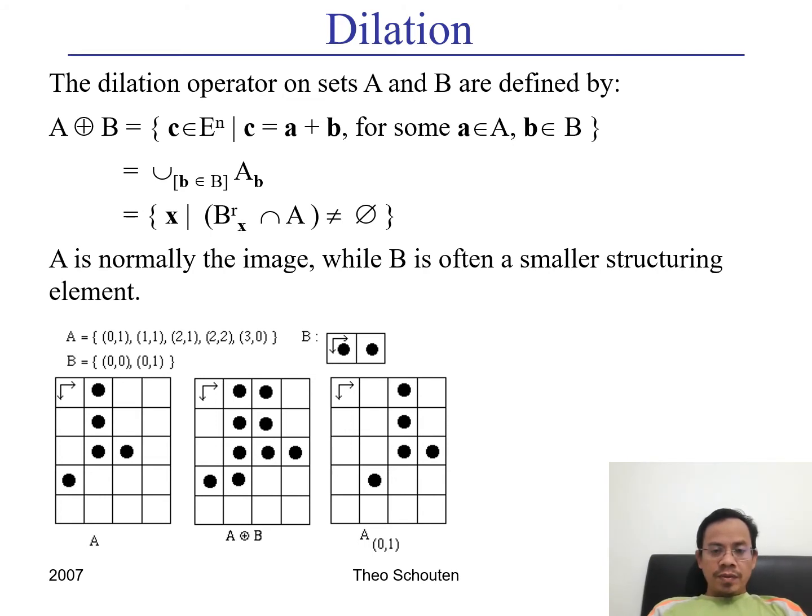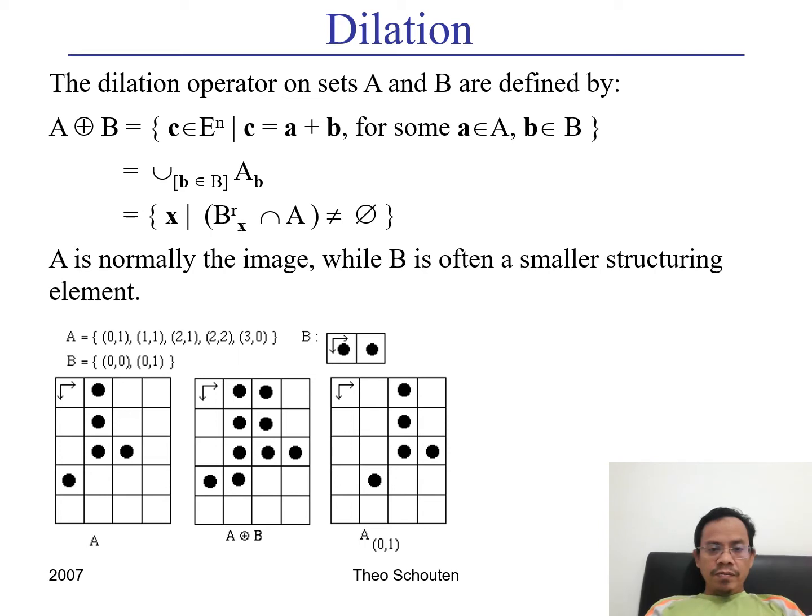We have this A, our image, with pixel values, and this is the size of the image. And then we have our B. This is B, the structuring element. A very simple structuring element, dot dot.